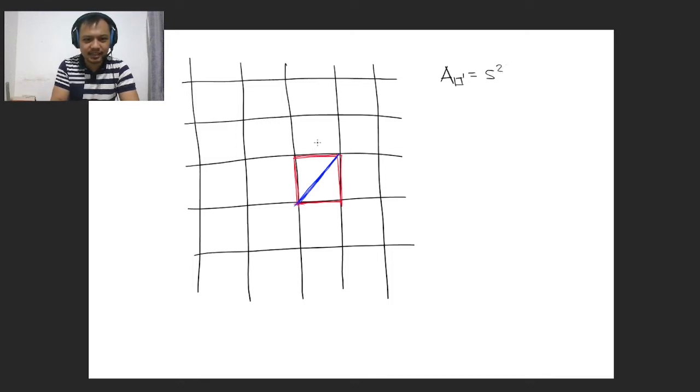Meaning to say that all of these sides, same length, okay? And just to make it even more interesting, we're going to call this s sub 1. So s sub 1, s sub 1, s sub 1, and s sub 1.